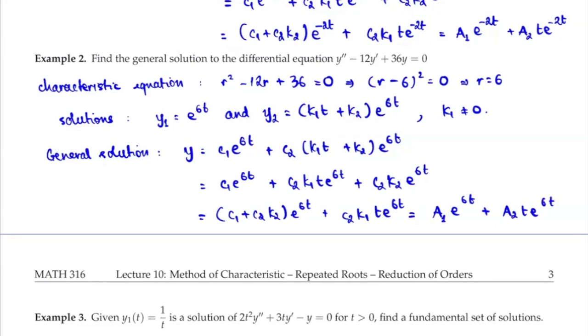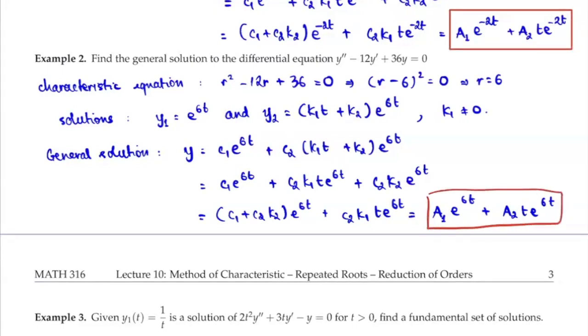Now, if you notice the two general solutions here, they look more or less the same. You have A1, A2 as the arbitrary constants. The first term is A1 times e to the rt, and the second term is A2 times t times e to the rt, where r is the repeated root.